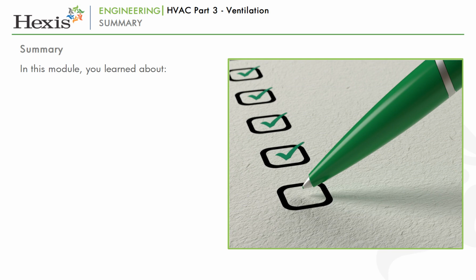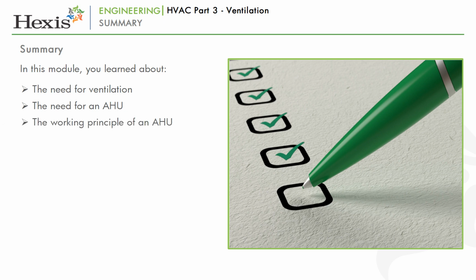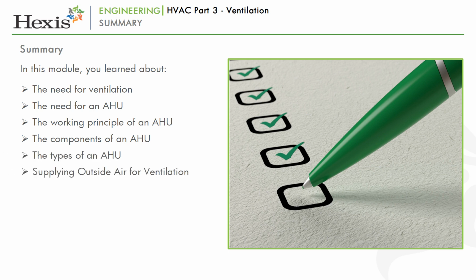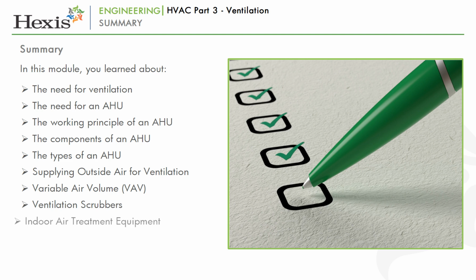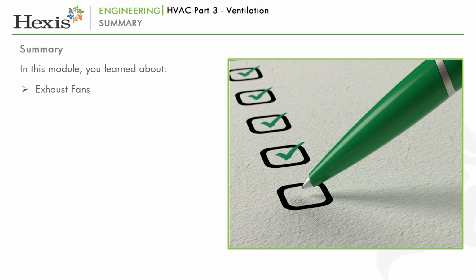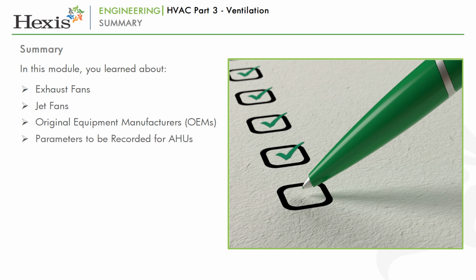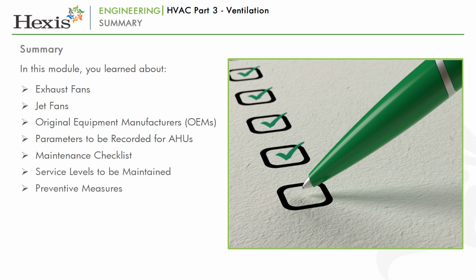In this module, we looked at the need for ventilation, the need for an AHU, the working principle of an AHU, the components of an AHU, the types of an AHU, supplying outside air for ventilation, variable air volume, that is VAV, ventilation scrubbers, indoor air treatment equipment, exhaust fans, jet fans, original equipment manufacturers, OEMs, parameters to be recorded for AHUs, maintenance checklist, service levels to be maintained, preventive measures, impact on business, top 5 issues or troubleshooting.